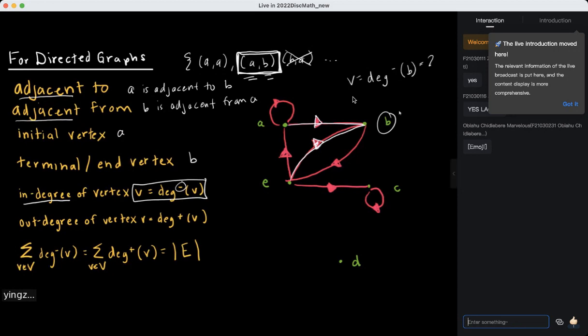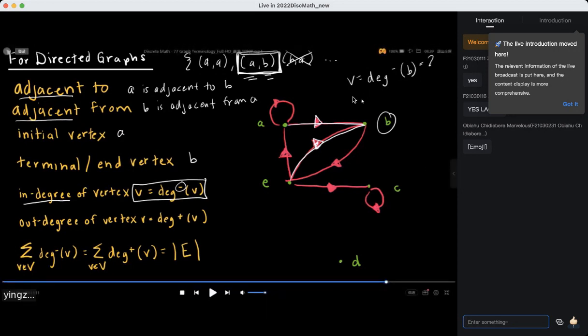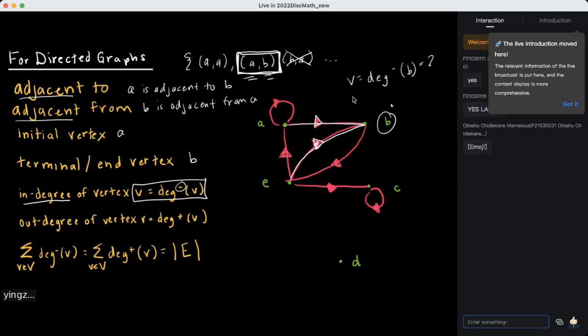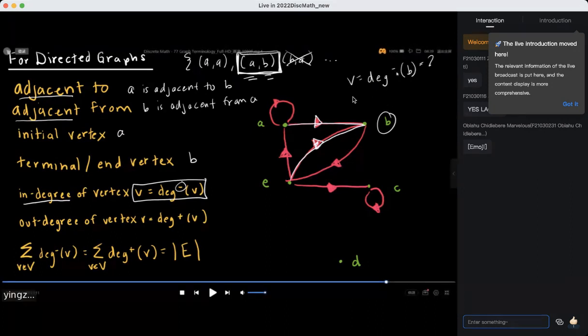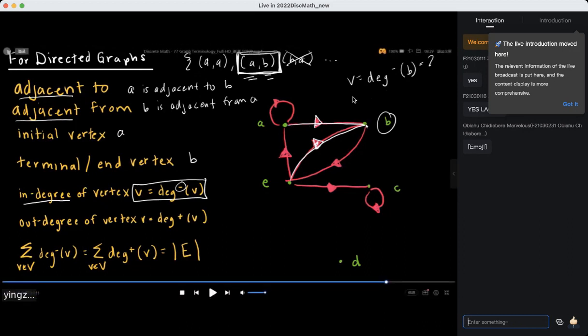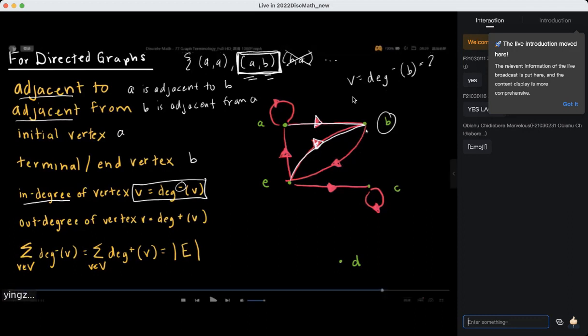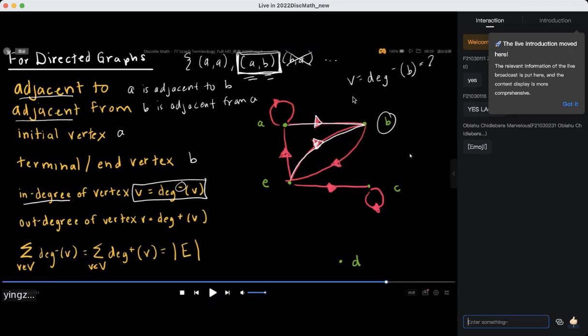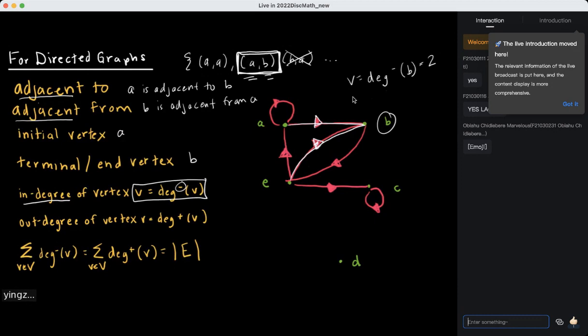So we should be careful with the diagram: degrees have a direction, an in degree and an out degree. The in degree counts the arrows connected into B, and the out degree counts the arrows going out from B. The in degree of B is 2. What is the out degree of B? It's how many are coming out of B, which is just 1.